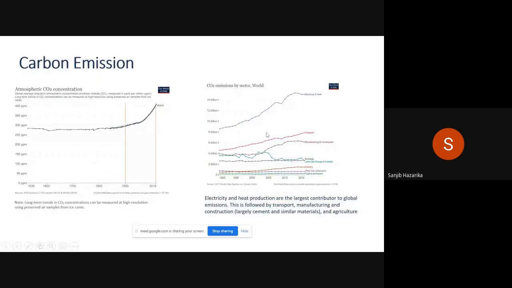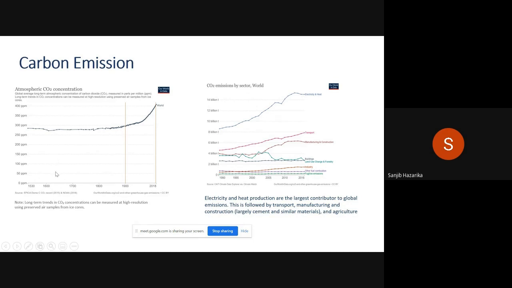Moving forward, it is about the carbon emission. This on the left side basically provides the atmospheric carbon dioxide concentration over a few centuries, I think almost 4 or 5 centuries.